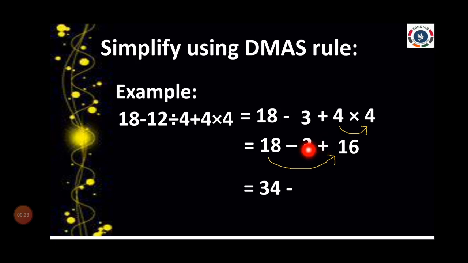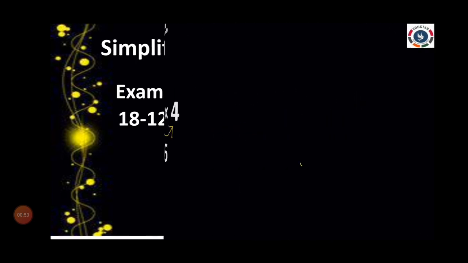Then the minus sign and 3, bring both down. Then subtract these two numbers, 34 minus 3. First we divide the values, second we multiply, third we add, and fourth we subtract. So 34 minus 3 is 31.